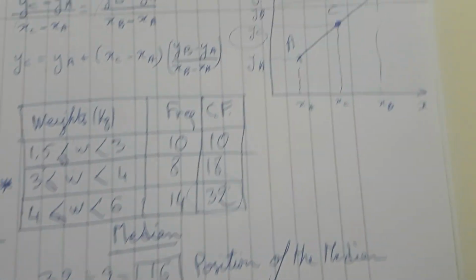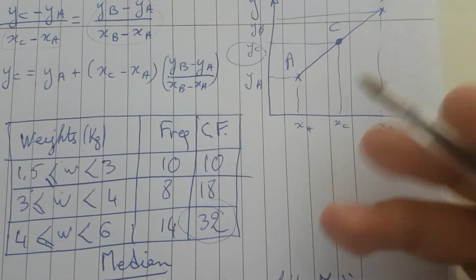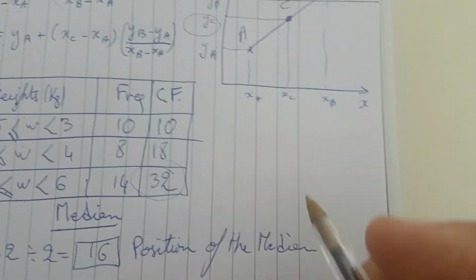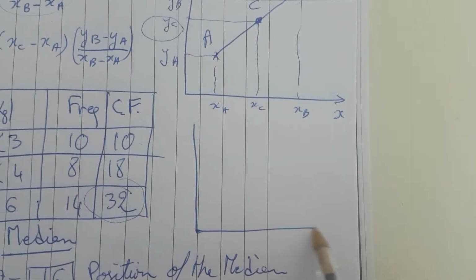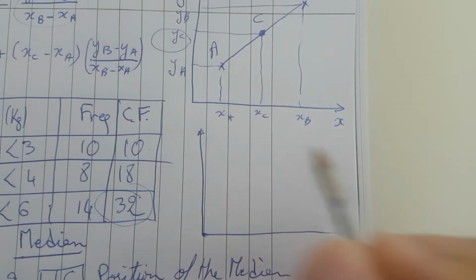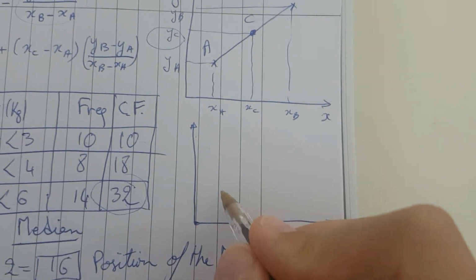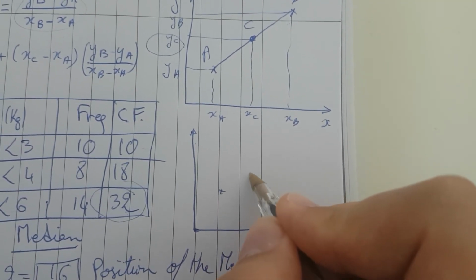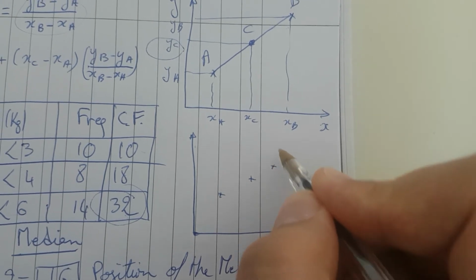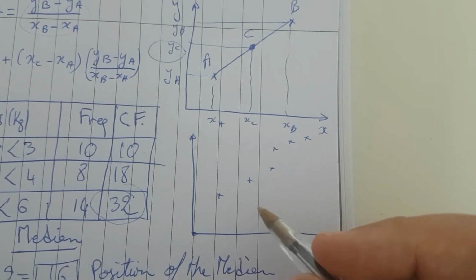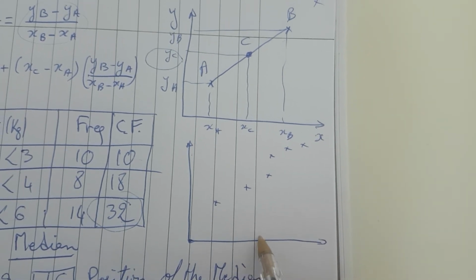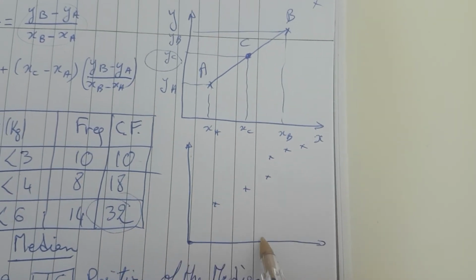I want to tell you why we do this, and why they don't draw you a line. In statistics, usually when you plot the points, the values, after taking any statistics, you get some point, like 1 point here, for example, 1 point here. You don't get one very good straight line like that. And let's say they want to find the y value of a point that is in here.